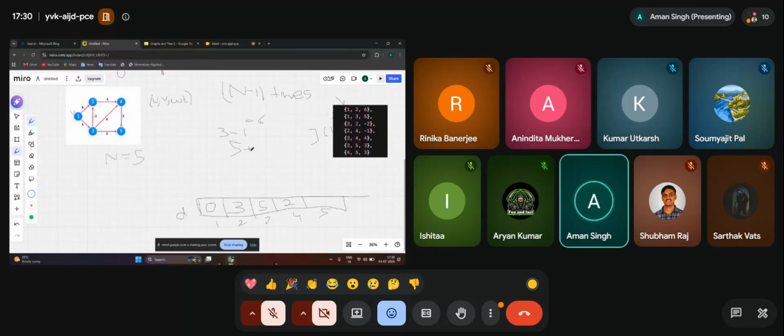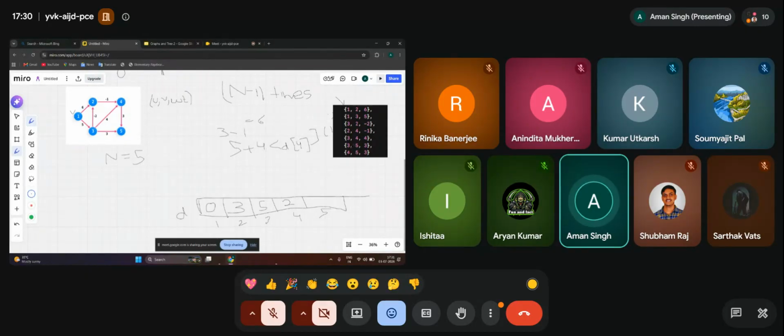And the edge weight here in the fifth edge is 4. So is it less than distance of 4? No, it is not less, as distance of 4 is 2. So we will not go through this path as we are already going from this path and this path is optimal. So we will not update it because it is not less than this.